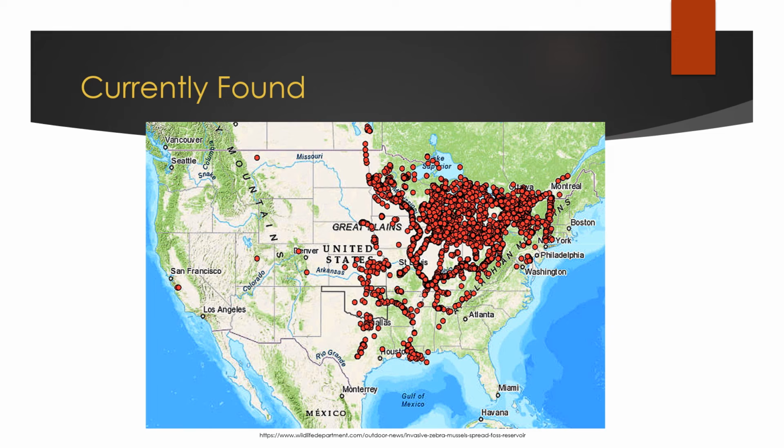Speaking of where it was introduced, it was actually introduced in the Great Lakes a long time ago. The Great Lakes is this area right here, but now it can be found in a lot of places in the United States, even as far as California, Texas and Louisiana, and even some parts of Canada.